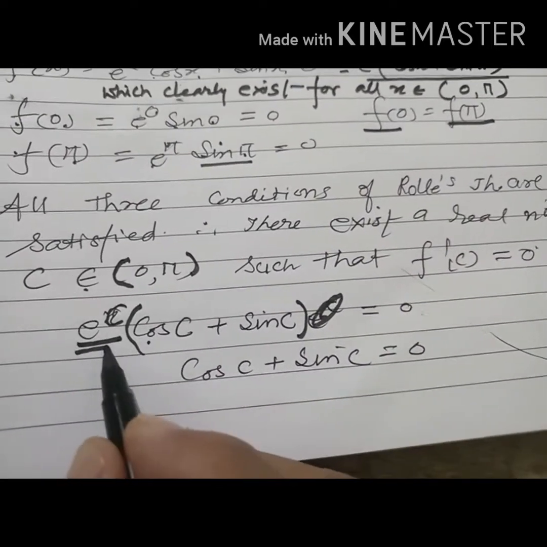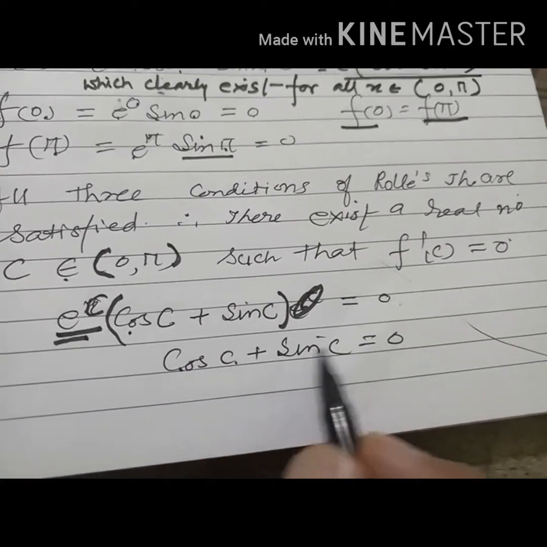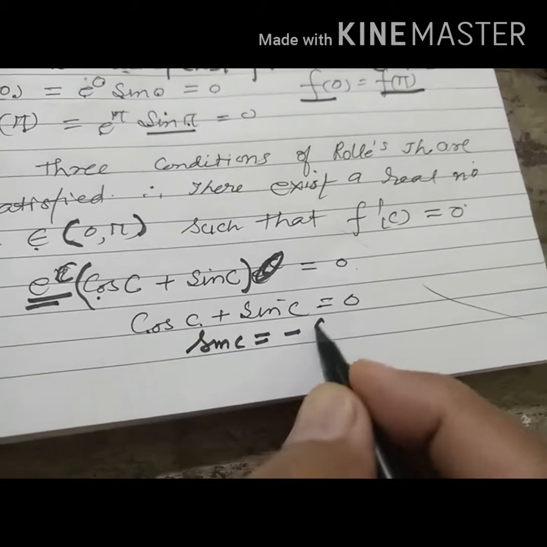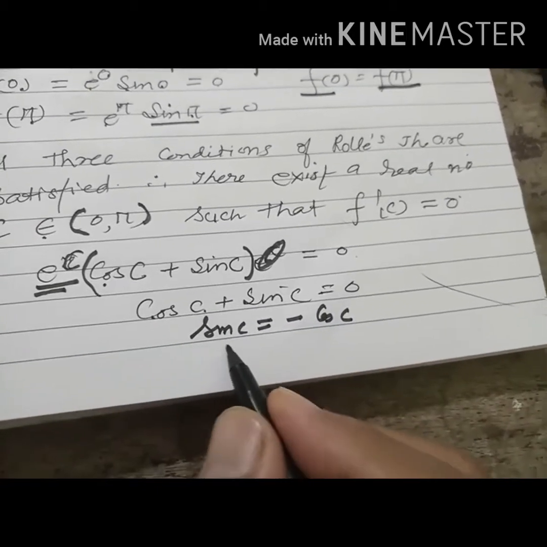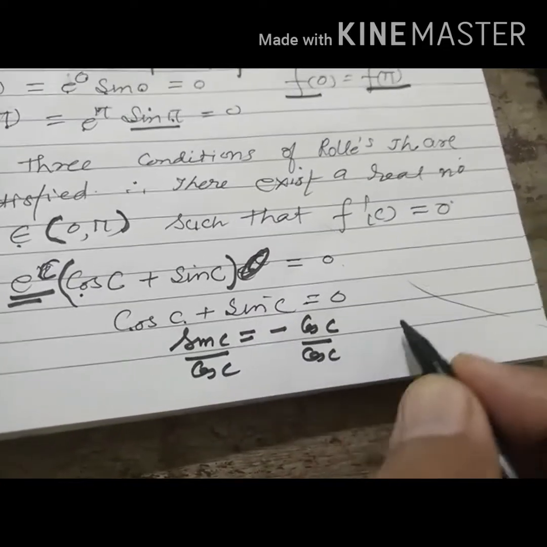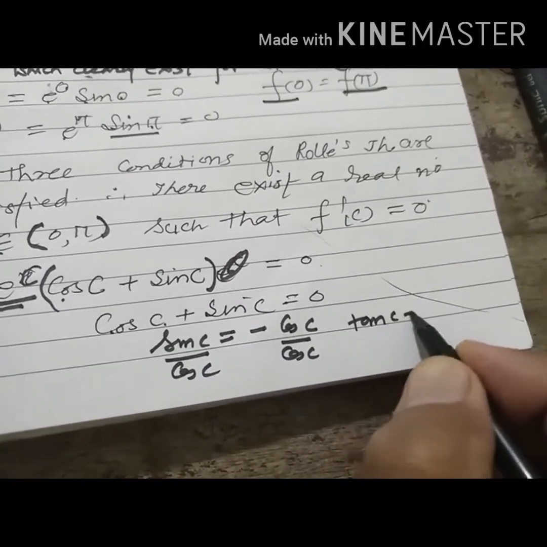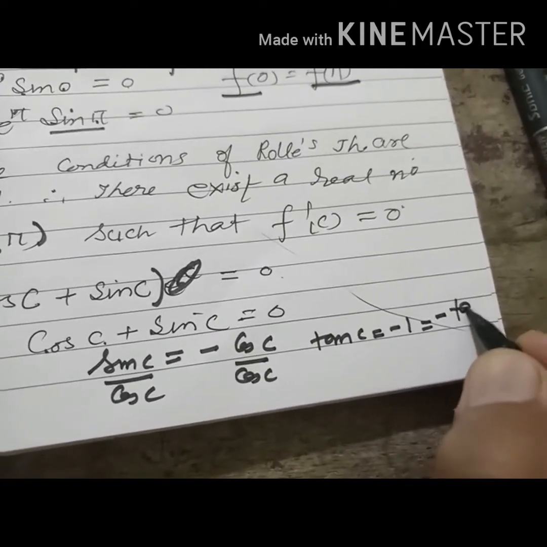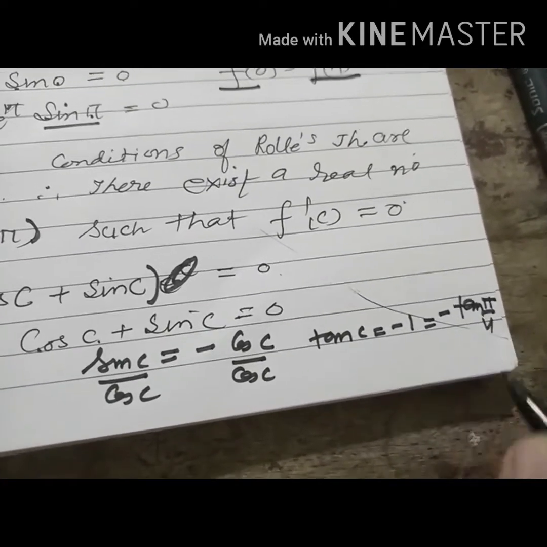Exponential is not equal to 0. So cos c plus sin c equals 0. So sin c equals to minus cos c. हम इसे cos c से डिवाइड कर दें. So tan c equals to minus 1. 1 is the value of what? Tan pi by 4.